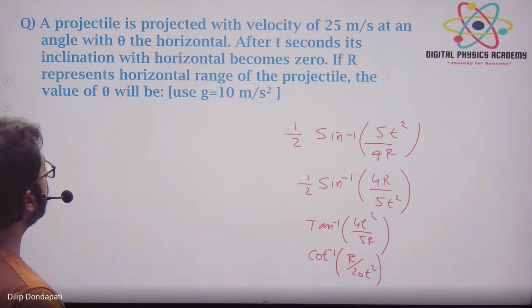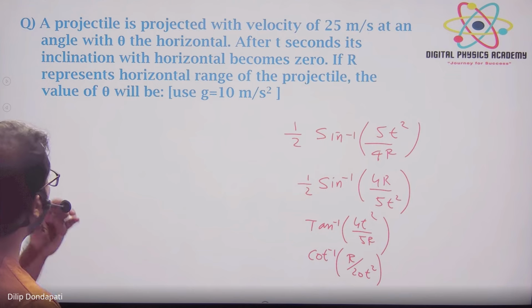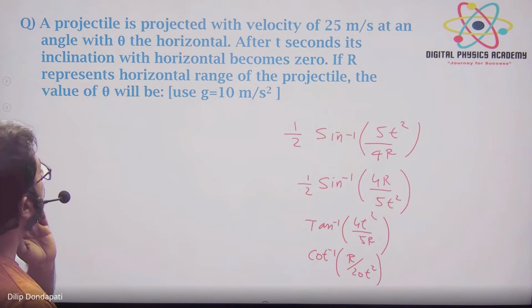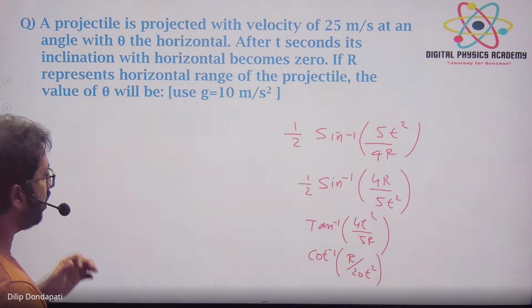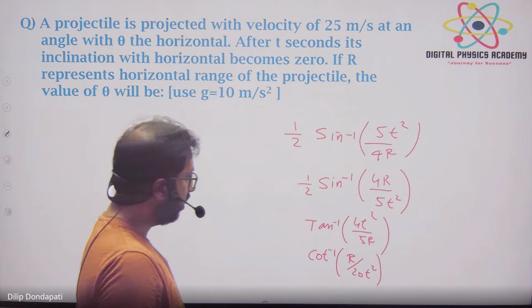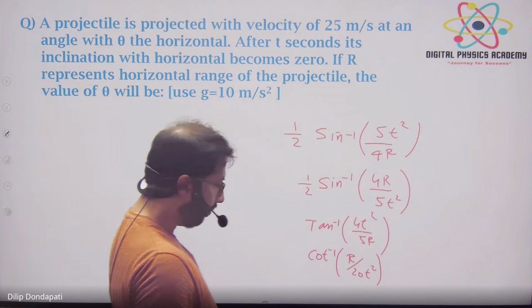A projectile is projected with this velocity at an angle theta with the horizontal. After time t, the inclination with the horizontal becomes 0. If r represents the horizontal range of the projectile, find the value of theta.